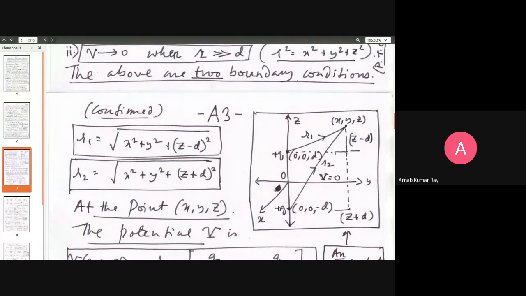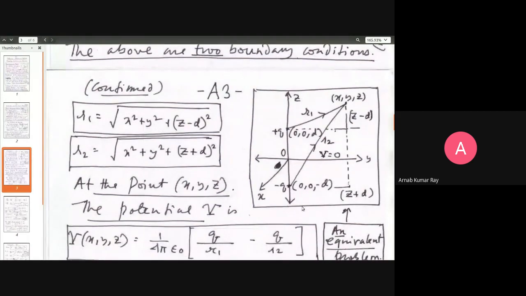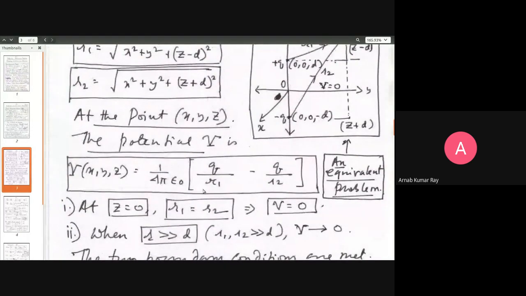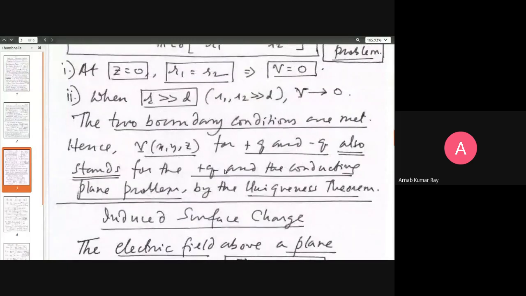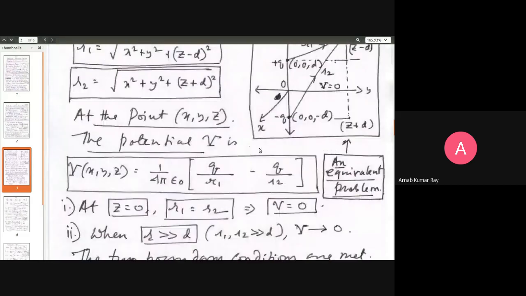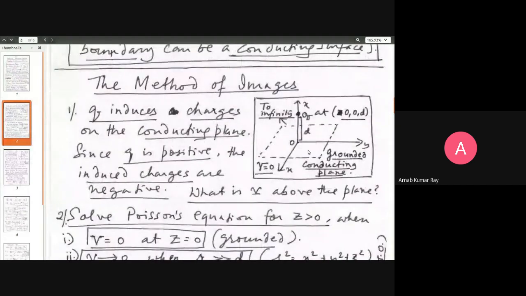And your left hand becomes the right hand in the mirror image. So plus goes to minus. But the distance is still the same, except that it's below, so it's got a minus sign. So this is solving Laplace's equation by the image method. Now, we still have to do something extra.